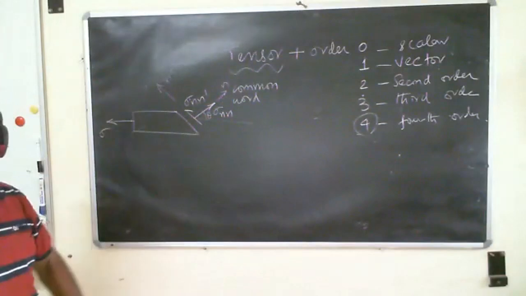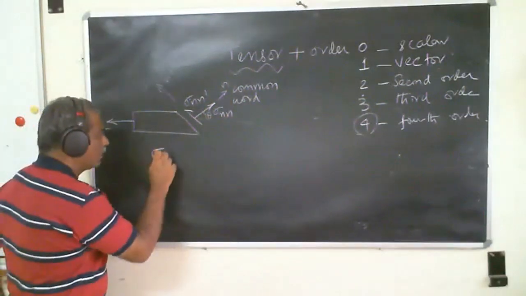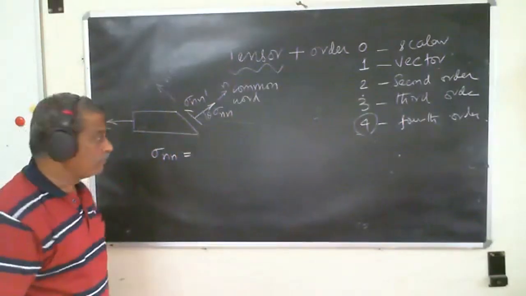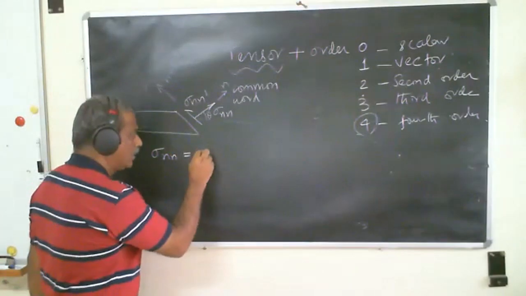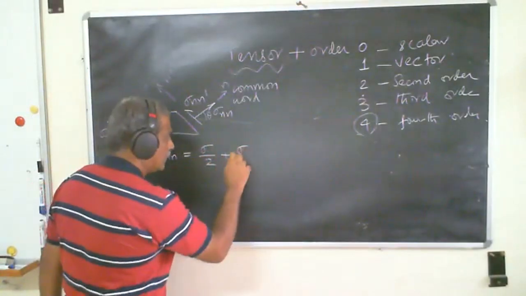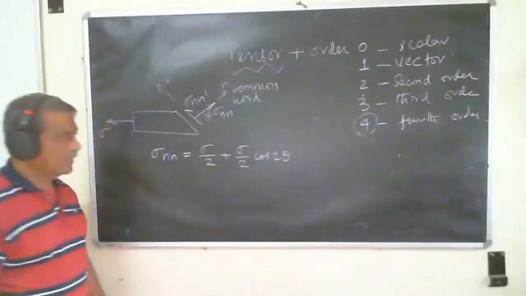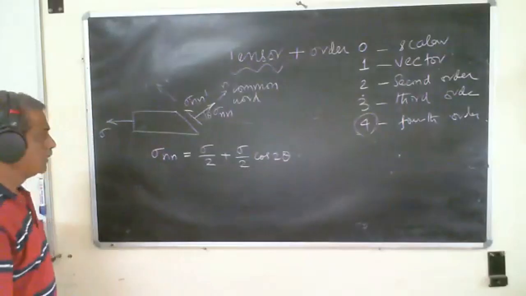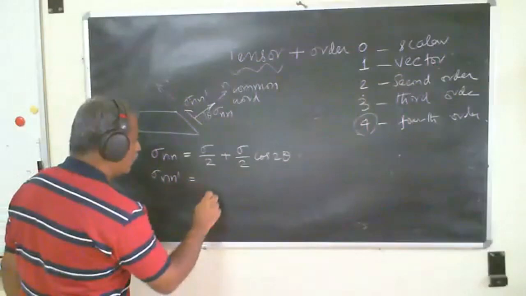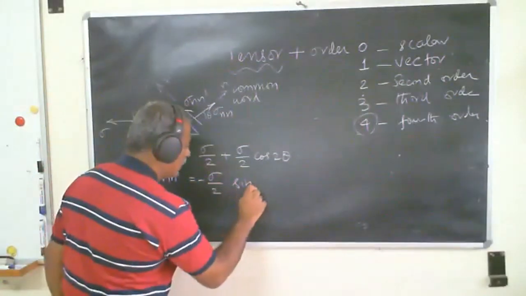We did this exercise and we got sigma nn equal to sigma by 2 plus sigma by 2 cos 2 theta. Sigma nn prime came out to be minus sigma by 2 sine 2 theta.